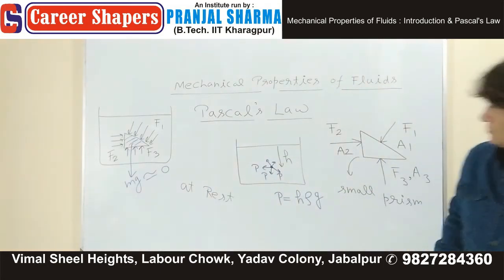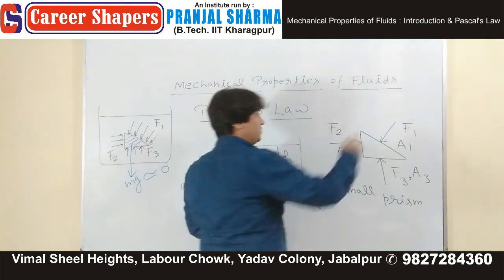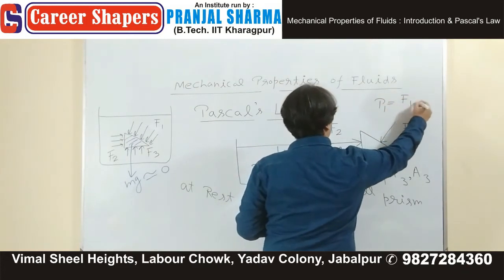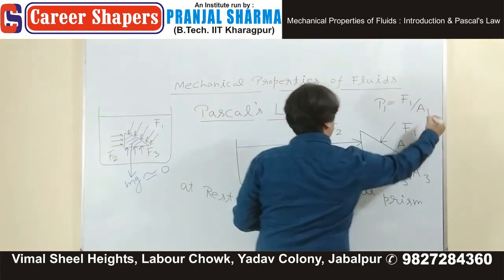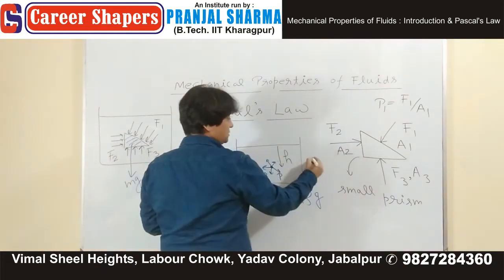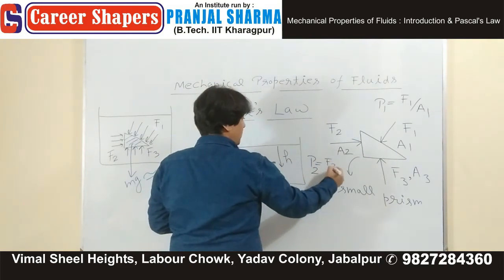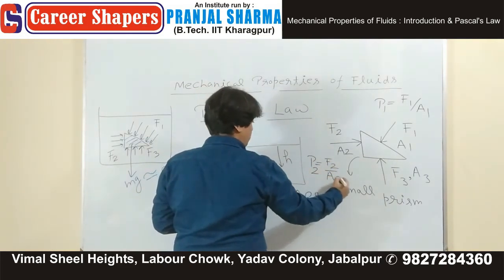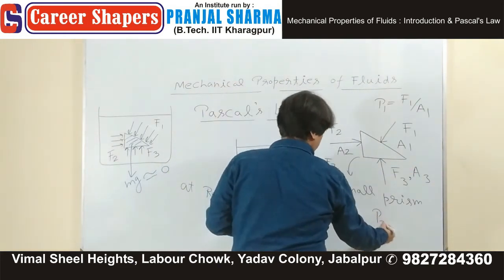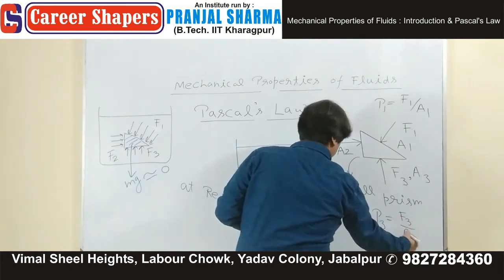Now, what is pressure coming from this side? Pressure coming from this side will be P1, which is F1 divided by A1. Pressure on this face, P2, which is F2 divided by A2, and pressure on this side is P3, which is F3 divided by A3.